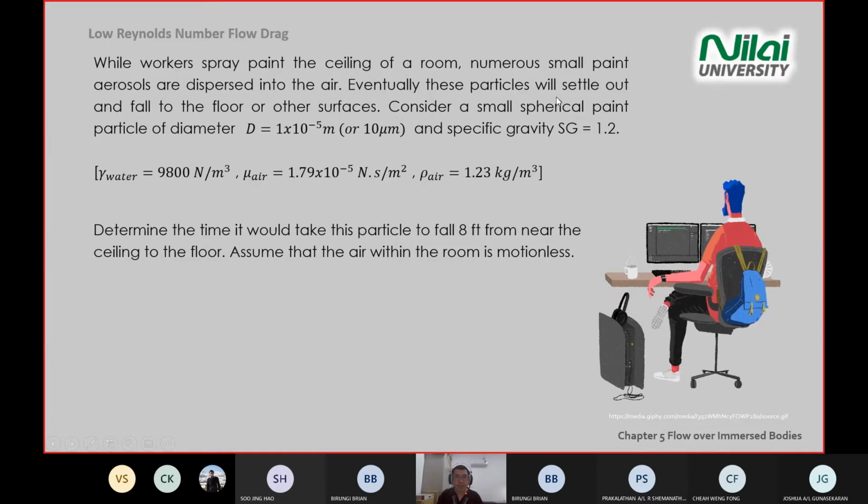Eventually, these particles will settle and fall to the floor or stick to the surface. Consider a small spherical paint particle given by this diameter, 10 micron. A specific gravity SG given by 1.2, mu water given by so and so. You have the specific weight of the water, you have air and rho air. Okay.